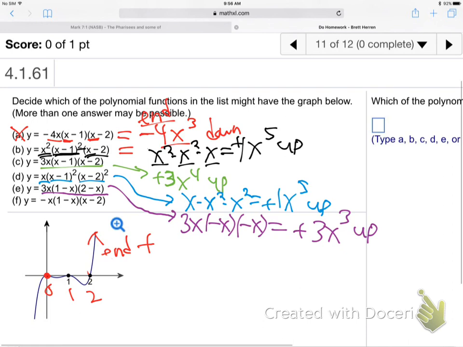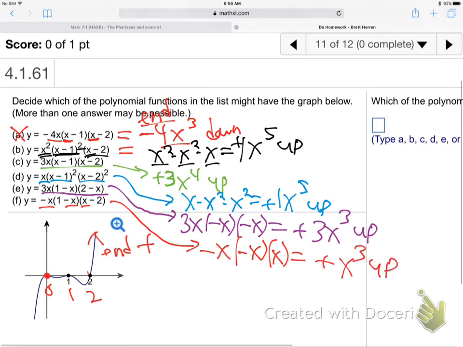Because this is a negative x, and that's a negative x, but 2 negatives is positive in the end. And if I grabbed this one, negative x times negative x, regular x, which is again positive x cubed, which is up. So I can't eliminate any of those. All the rest of them are going up.